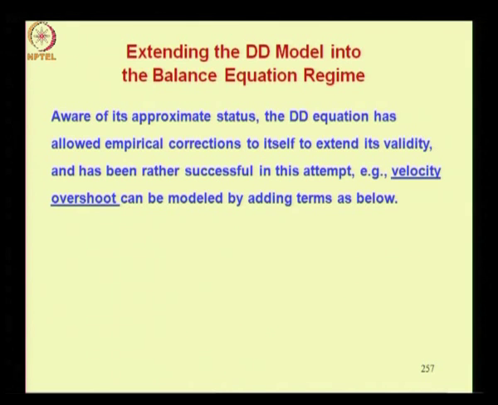Now extending the drift diffusion model into the balance equation regime. Aware of its approximate status, the drift diffusion equation has allowed empirical corrections to itself to extend its validity and has been rather successful in this attempt.